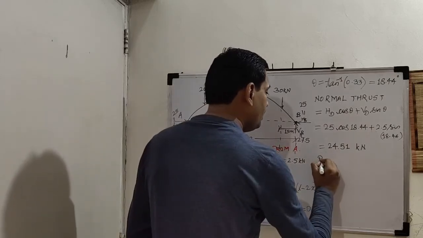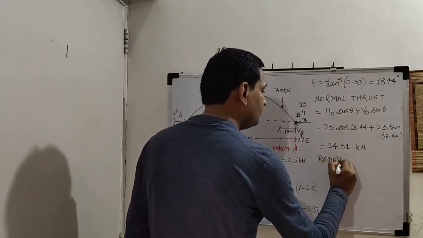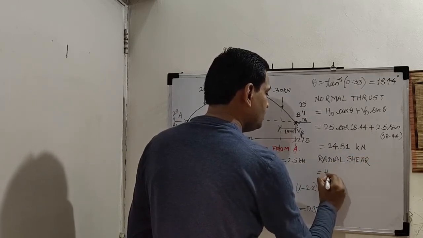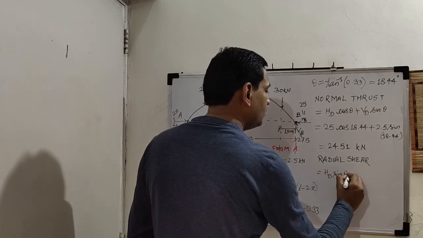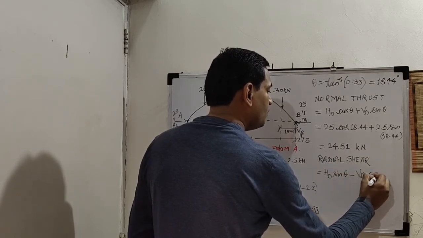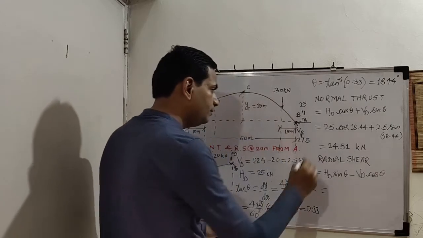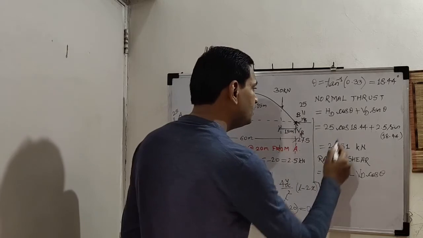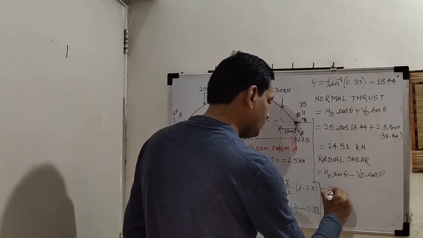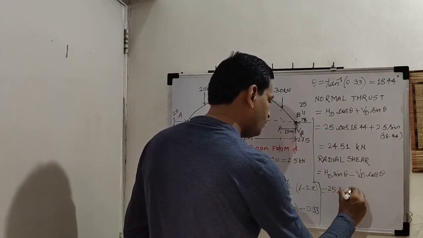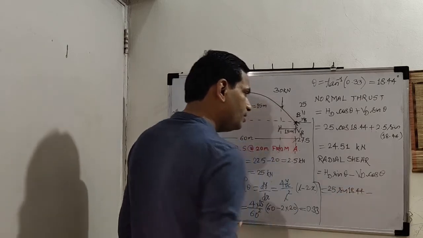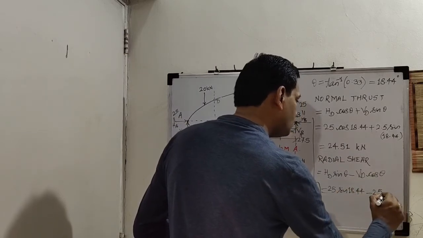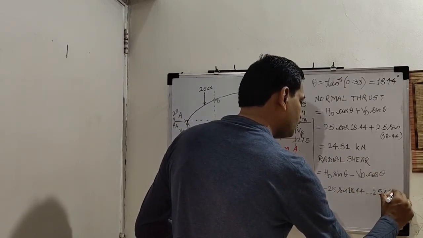Another component, radial shear. Radial shear is HD sin theta minus VD cos theta. Okay. So HD is 25 into sine of 18.44 minus VD, which is 2.5, cos of 18.44.